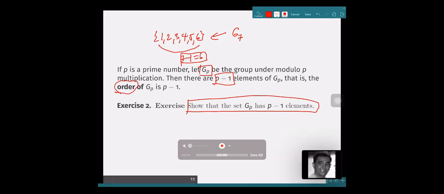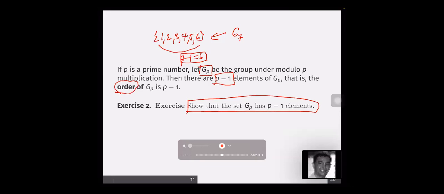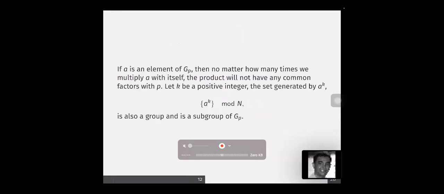The number of elements is called the order of the group. This is very important in understanding RSA. Let's go to the next page.